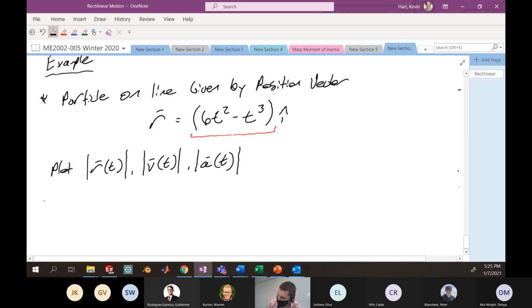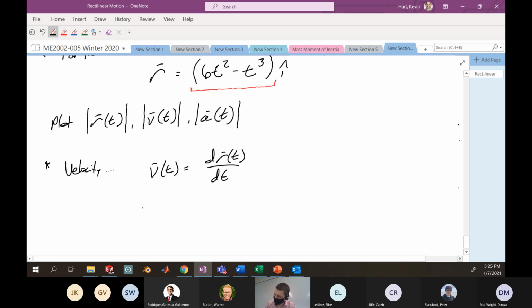All right. So velocity. I know my velocity is going to be the derivative of the position vector with respect to time. But I showed from my analysis before that the velocity magnitude as a function of time in I hat is just the derivative of this x position in I hat.